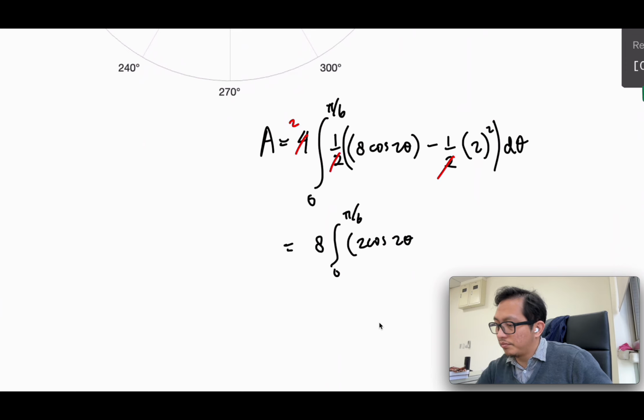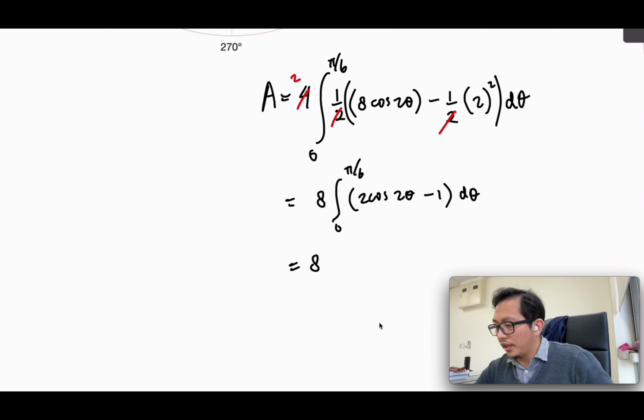I will simplify it, and 4 times 2 is 8, so this will be 1. So 8, and this will be sine 2 theta divided by 2, which will be 1. So this is the result, and 1 will be this theta.